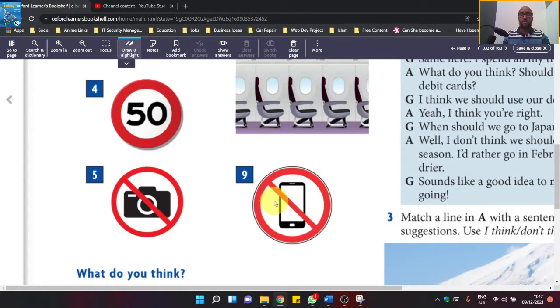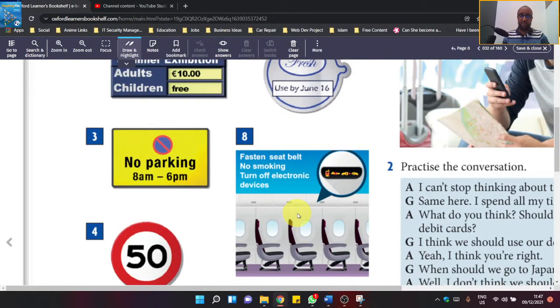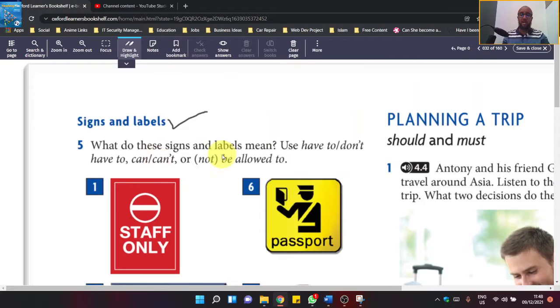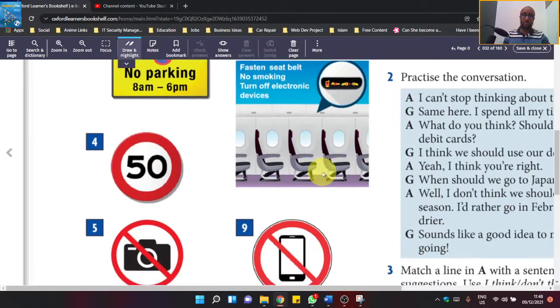And number 9, mobile phones are not allowed or you can't use mobile phones. So that's quite easy enough. This is how you use the modal verbs have to, don't have to, can, can't, and be allowed to. Guys, that was quite easy enough.